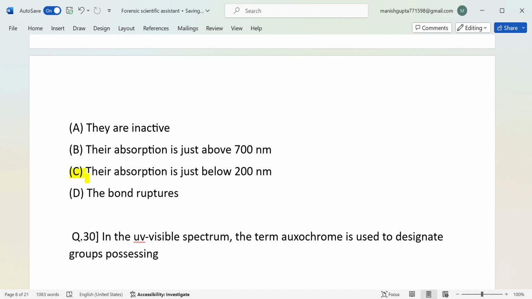Option C is the correct answer. Their absorption is just below 200 nanometer.